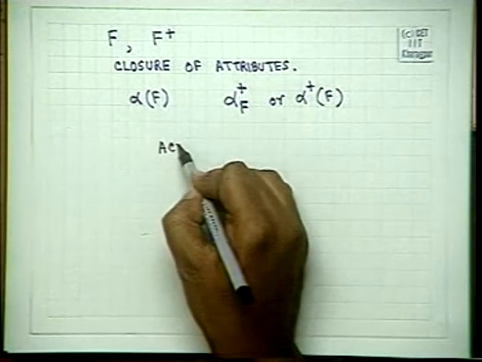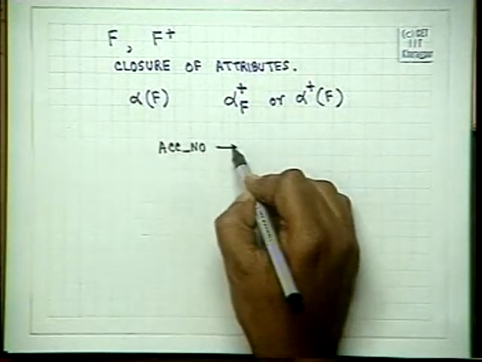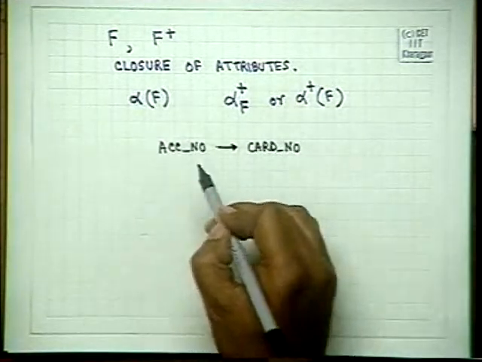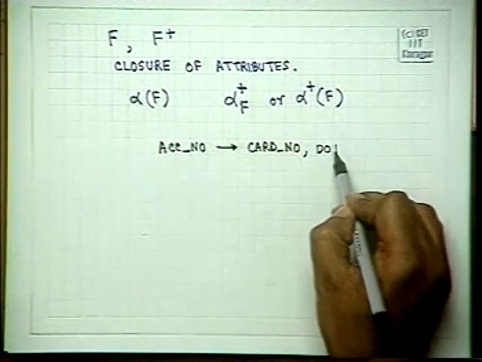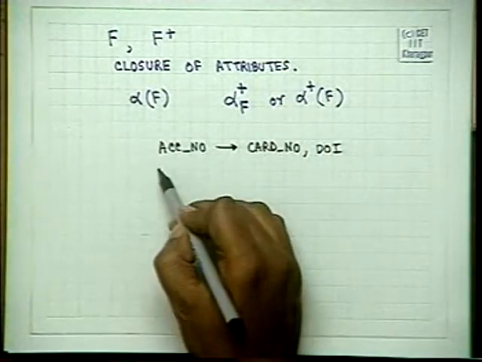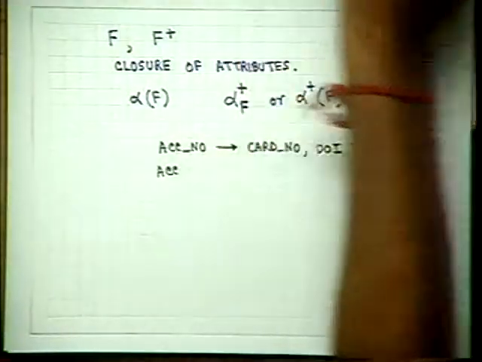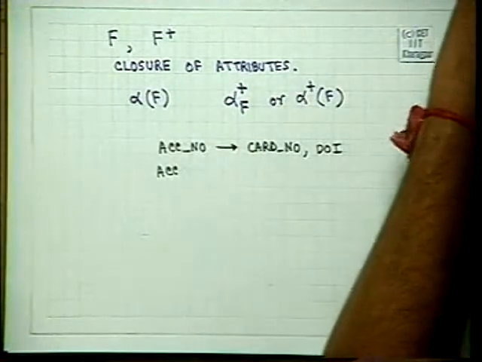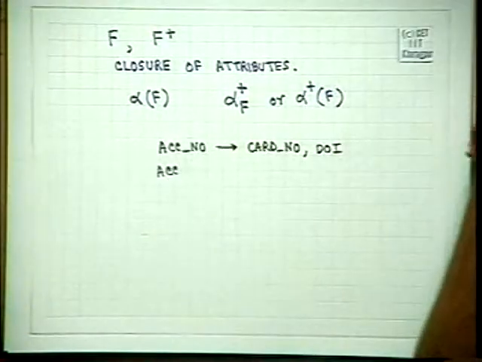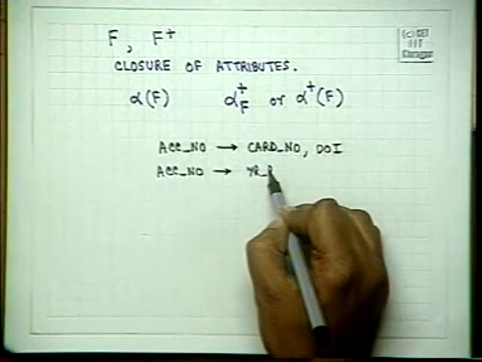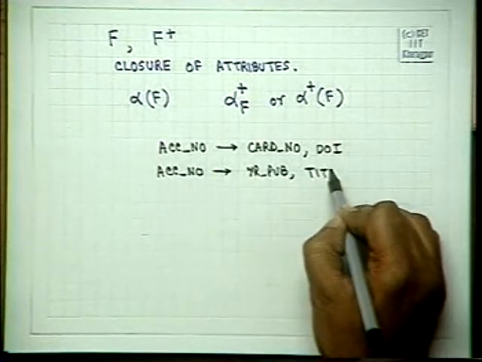We had accession number to card number, and we had date of issue. We also had accession number. Let us pick up the example, I think I have it somewhere. We had accession number to year of publication and title.